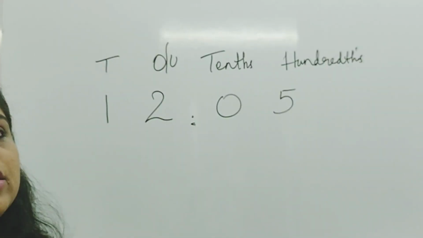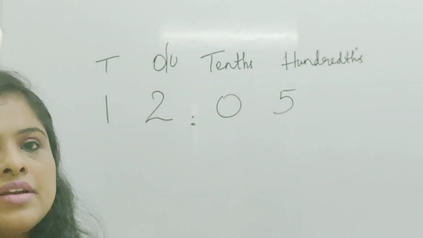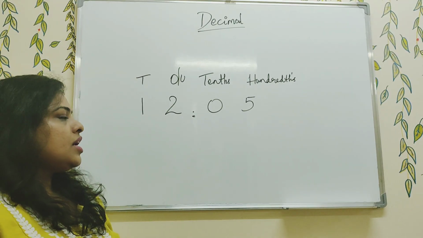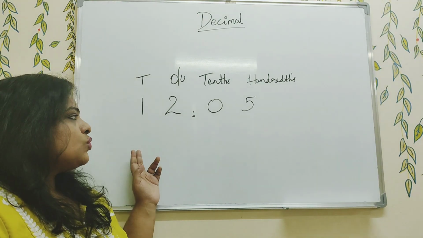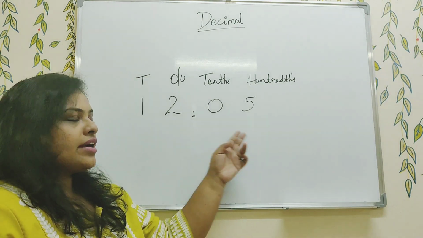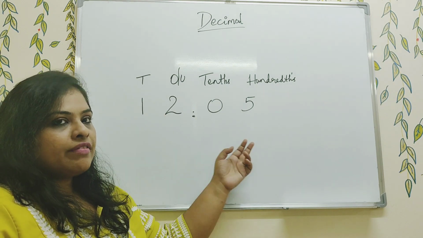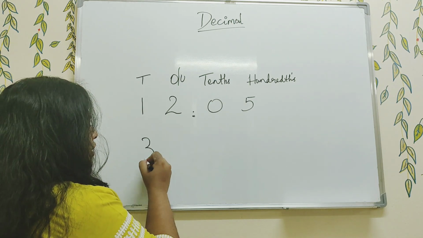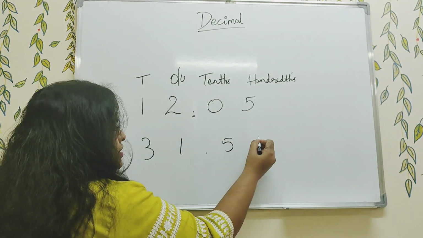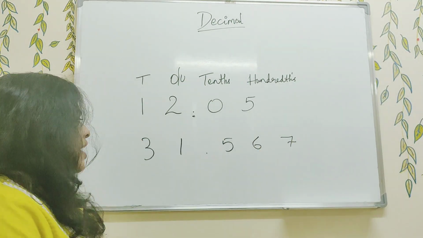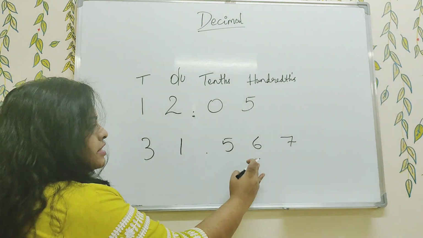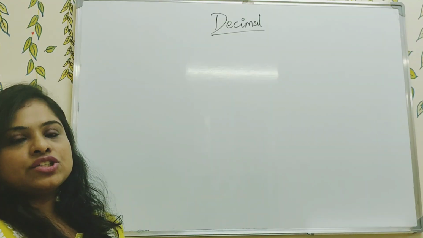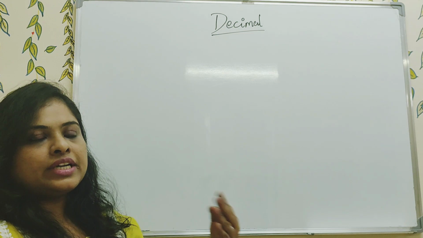This is the place value when you are using a decimal number. So how do we read this number? 12.05. We do not call it 12.5, we call it 12.05. If you have 31.567, we read this as 31.567.